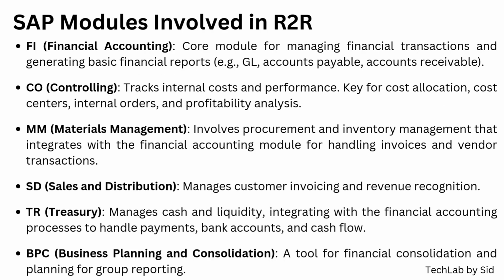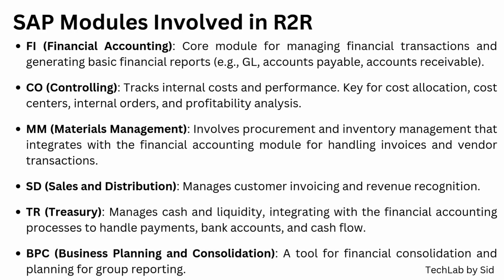Several SAP modules play a crucial role in the record-to-report process, each handling specific aspects of financial management. The FI module is at the core, managing financial transactions and generating fundamental reports such as the general ledger, accounts payable, and accounts receivable.